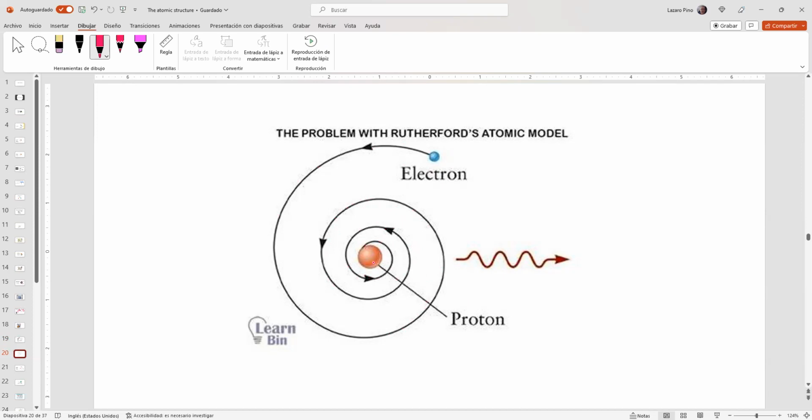During that time, physics was in big trouble. Nobody could explain why the electrons didn't bump into the nucleus.